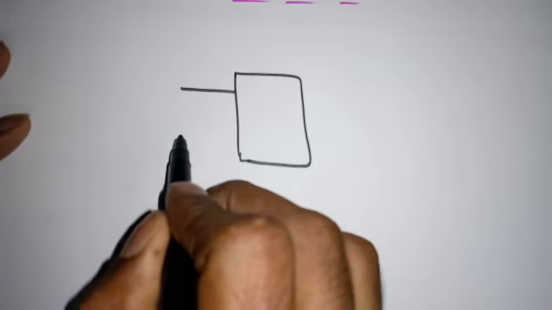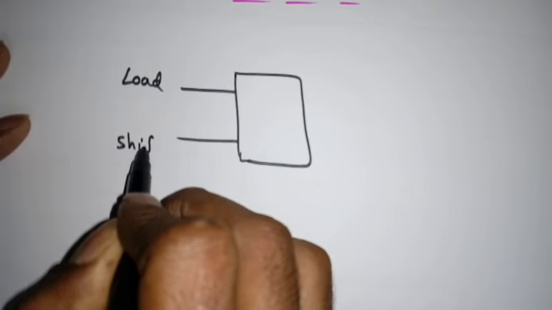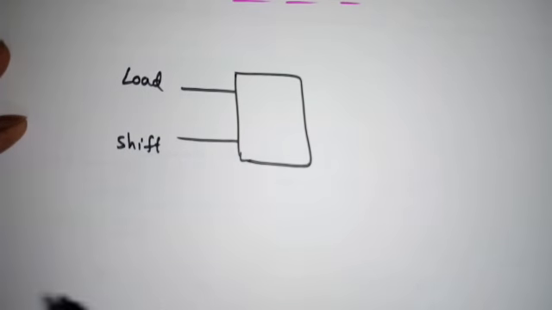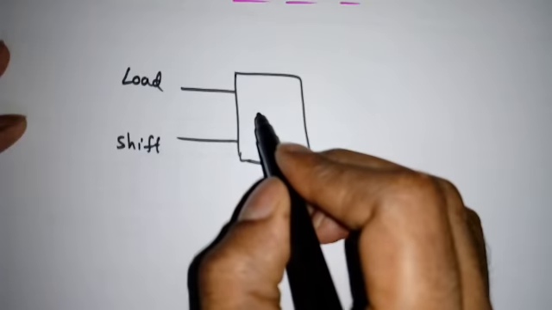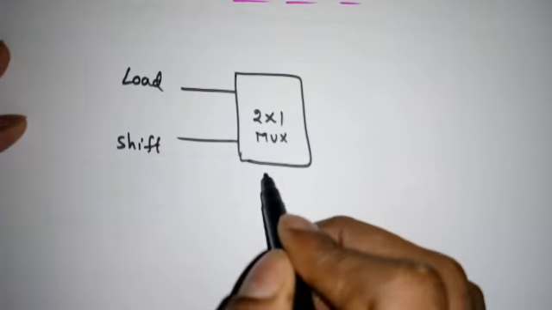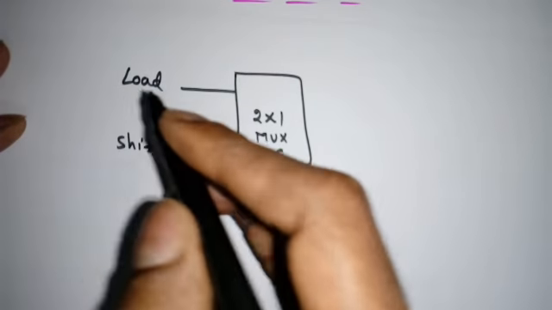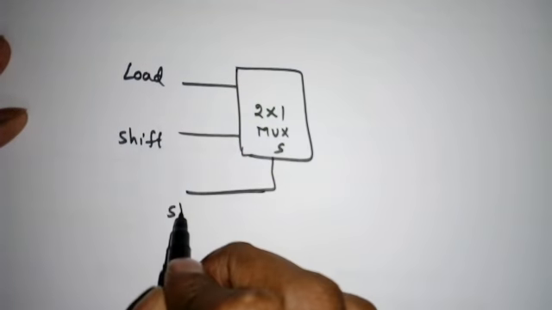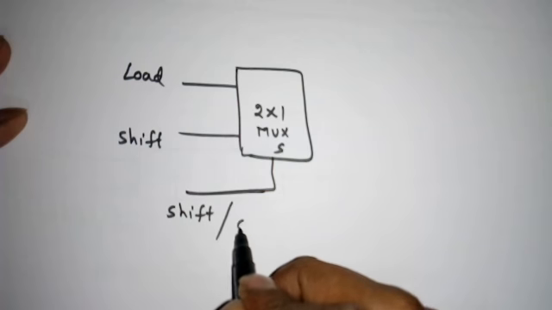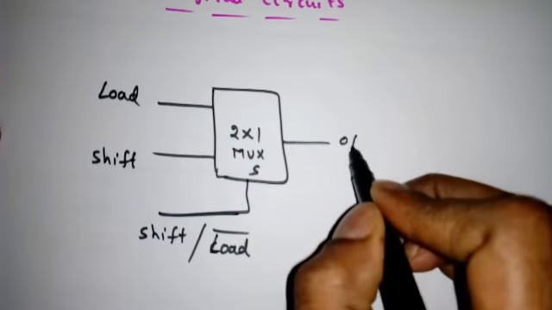I have two operations, load and shift, but I need one operation at a time, so we have to use a multiplexer. Here we have only two, so a 2 by 1 mux, and this is the select line. Depending on the select line, it will perform the operation. This select line I'm using as shift or load bar, and this is the output.